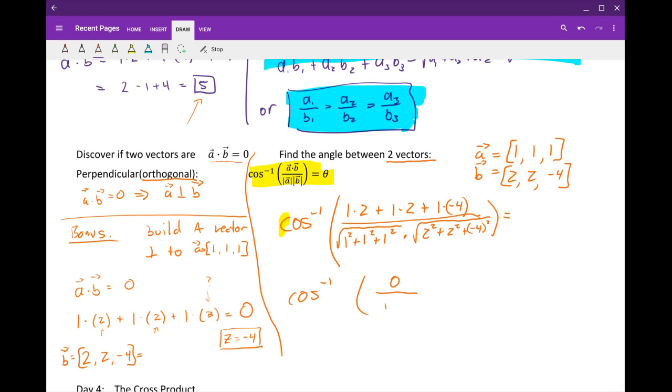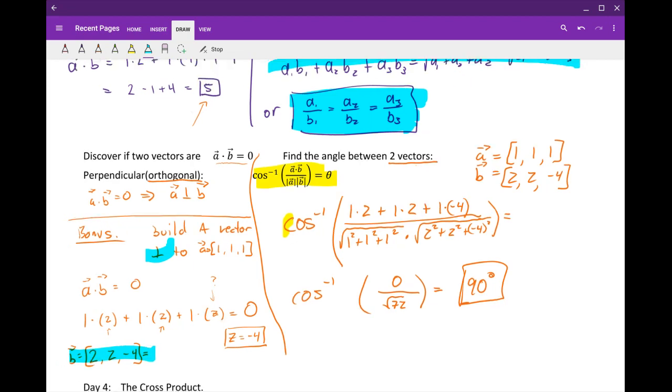The root of 72. And now if I figure that in my calculator, boom, 90 degrees pops out. Cosine inverse of 0 over root 72 is 90 degrees. I found the angle between these two vectors, and I knew it was going to be 90 degrees because remember, way back here, I actually purposely built a vector that was perpendicular to vector A. Okay.